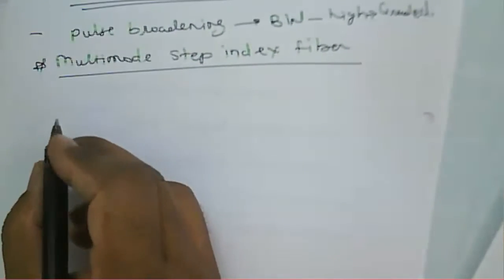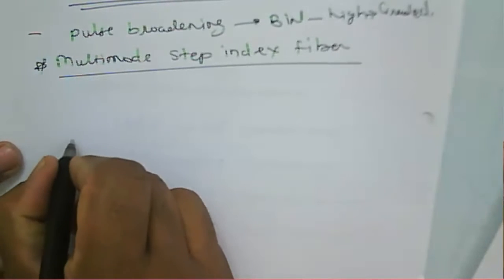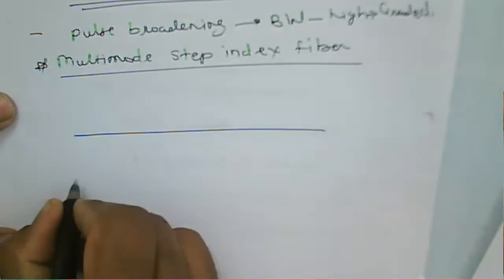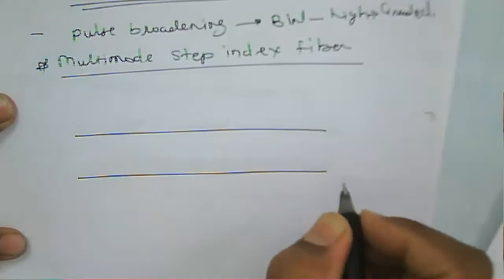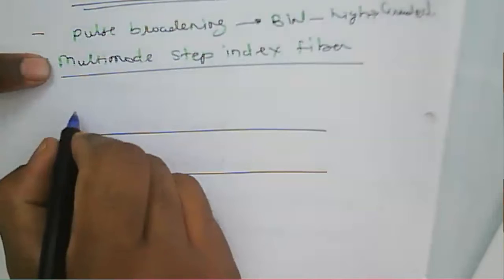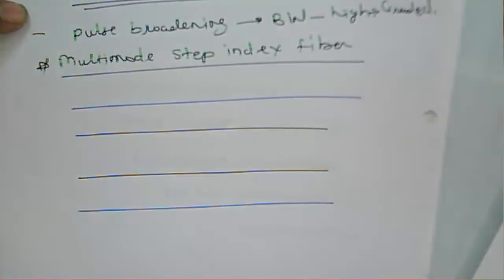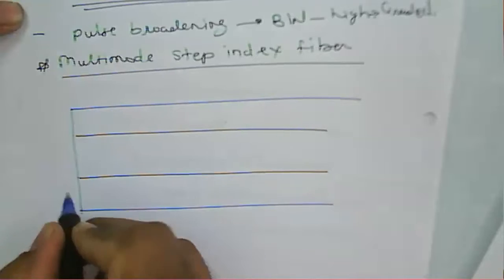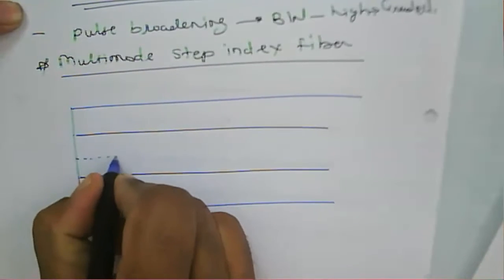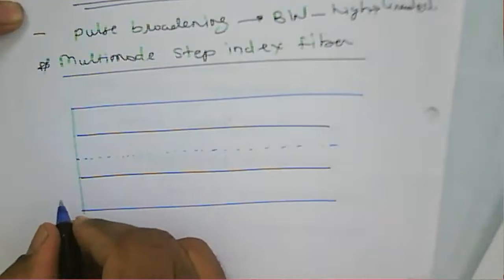So if you see the internal structure of a multimode step index fiber, the core diameter, as compared to the single mode fiber, is large. If you see how the rays are propagating through the fiber, this is nothing but the axis of the core here.